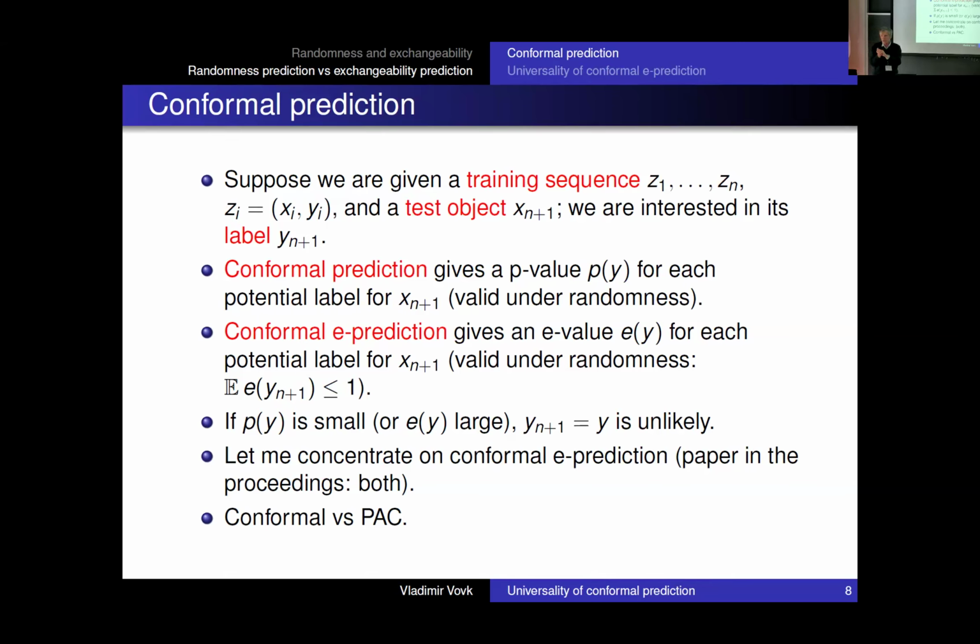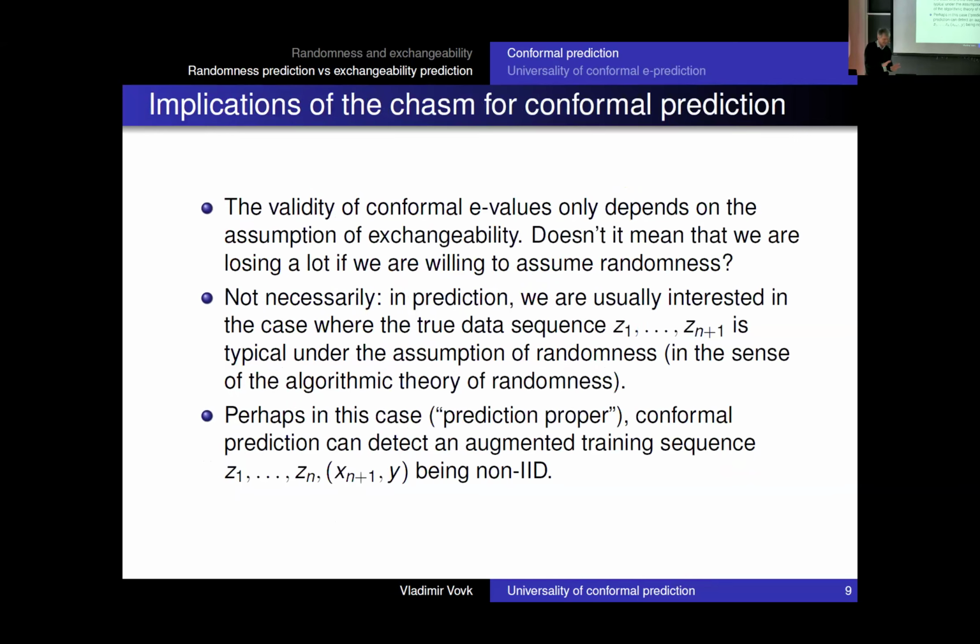And maybe you want to be conditional on the test object or the test label. All these are valid kinds of conditionality you might want to achieve. Okay, so it's some advertisement for conformal prediction. Since I don't have much time, I will not even state my main result, but let me give you some feel of it.